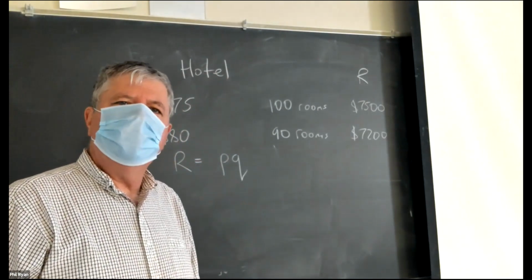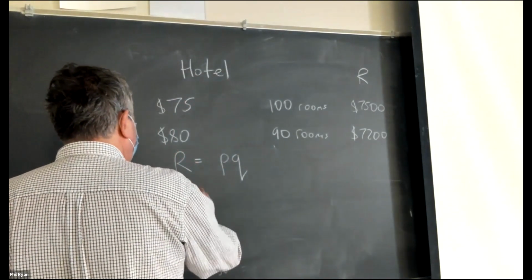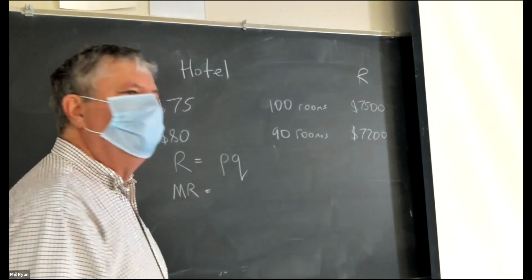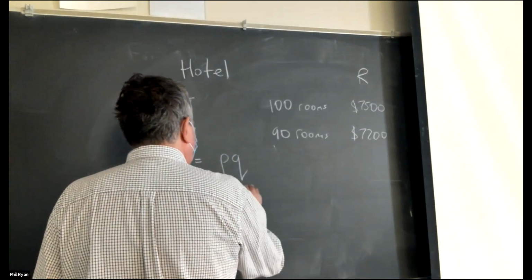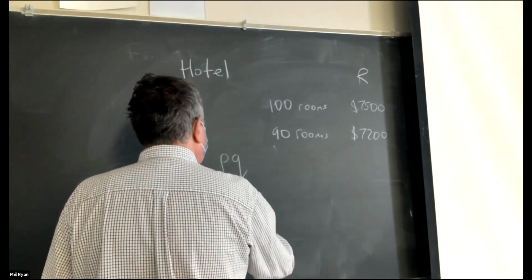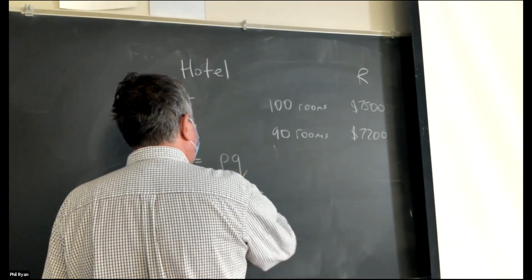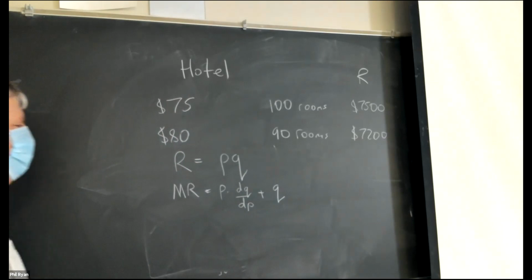We take its derivative and set it equal to 0. So marginal revenue equals what? We take the derivative with respect to P. So it's equal to P times dQ/dP, plus the derivative of P, which is 1, times Q.